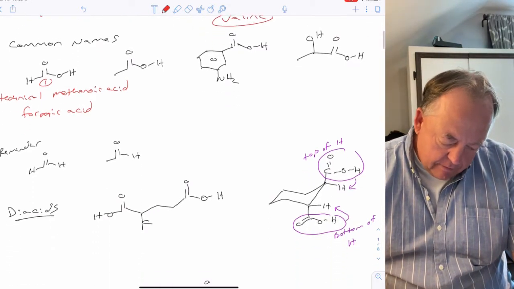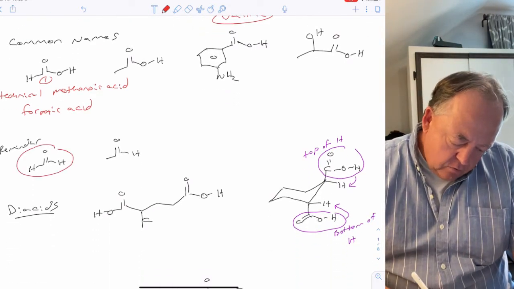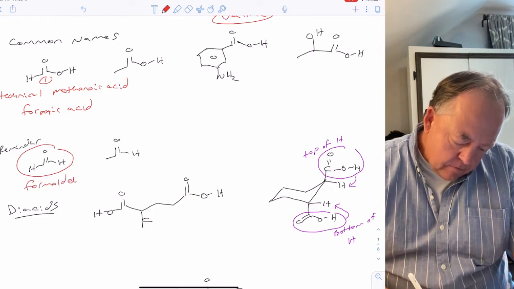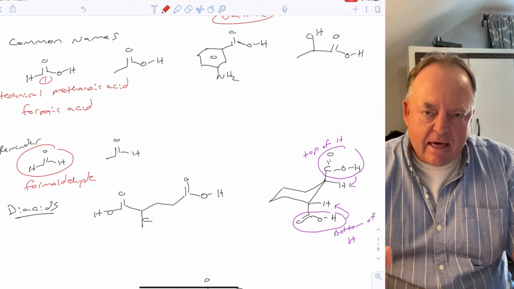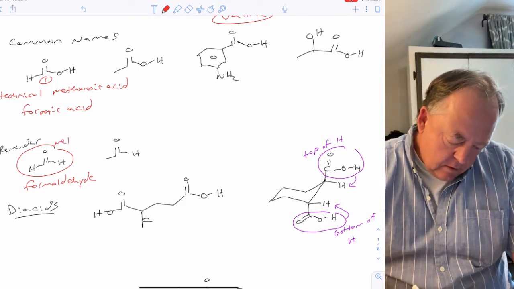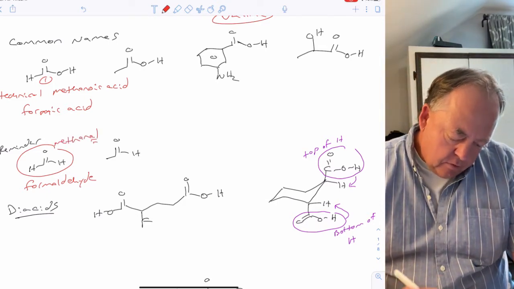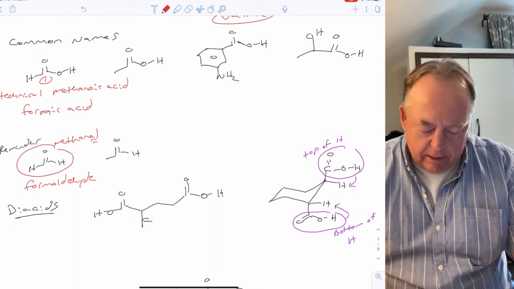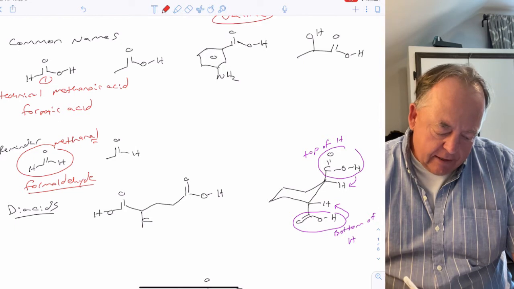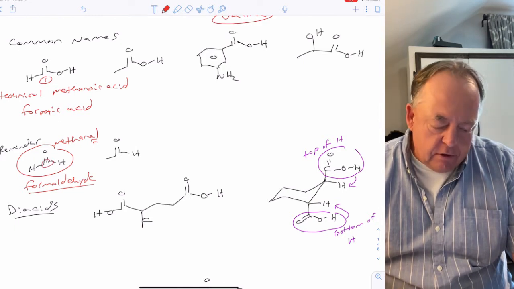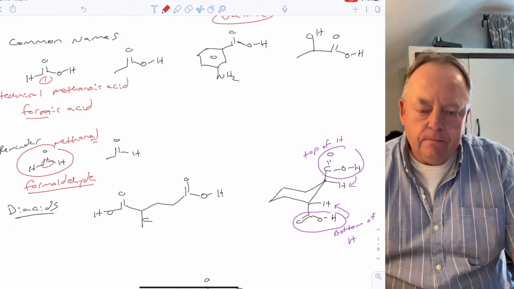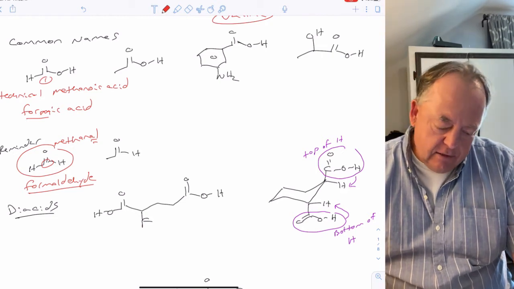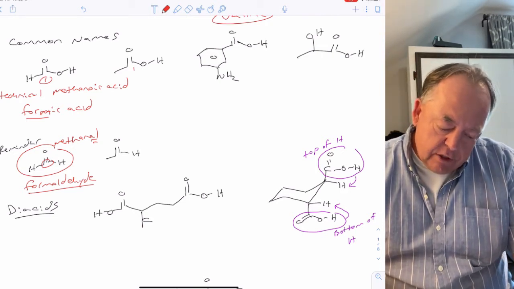And if you remember, the aldehyde with 1 carbon is called formaldehyde. Technically it's methanal, right? Because you name aldehydes with the AL ending and it's 1 carbon, but nobody calls it methanal, they just call it formaldehyde. So again, that 1 carbon unit has this prefix form. So formaldehyde, formic acid.